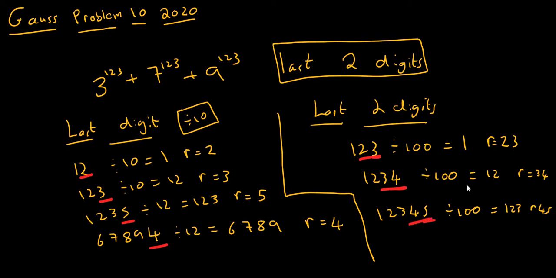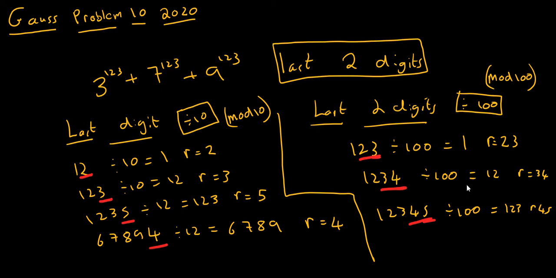Okay, I'm hoping now that you can recognize that the arithmetic we use to find the last digit is mod 10, and the arithmetic we use here is mod 100. Marvelous.